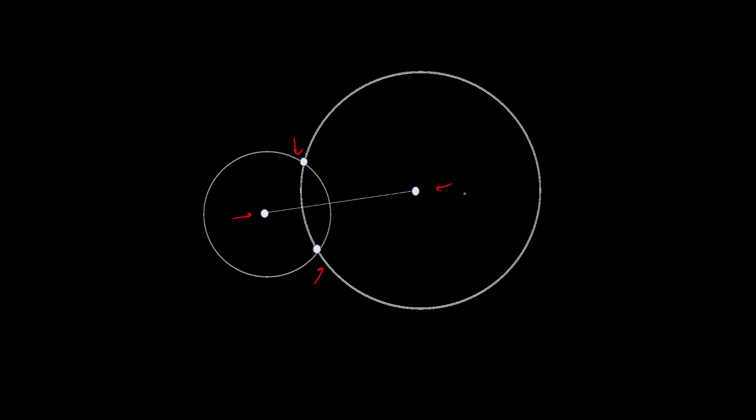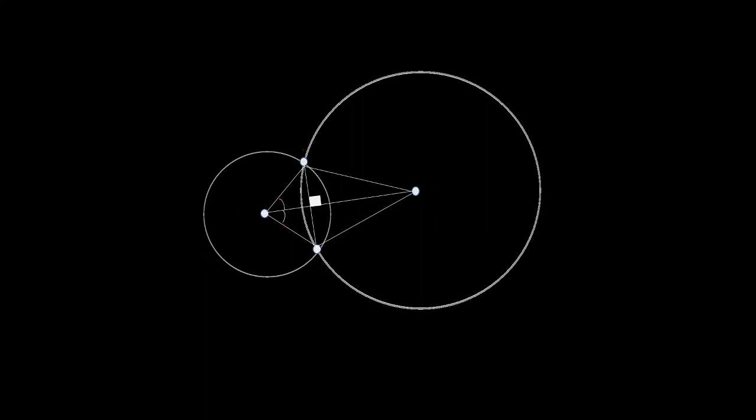When you join these lines, it's very easy to prove that they are perpendicular, because you get two congruent triangles by SSS congruency. That's why you get these two angles equal, and then you also get two more congruent triangles. That's why the lines are perpendicular.